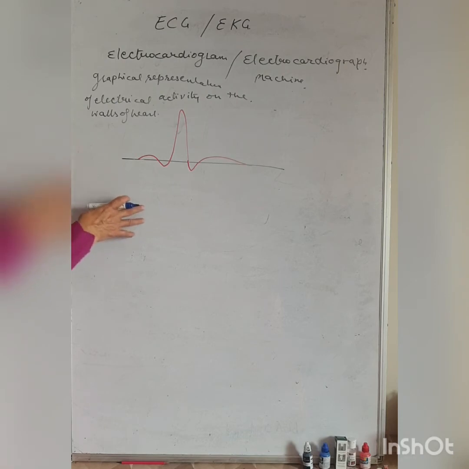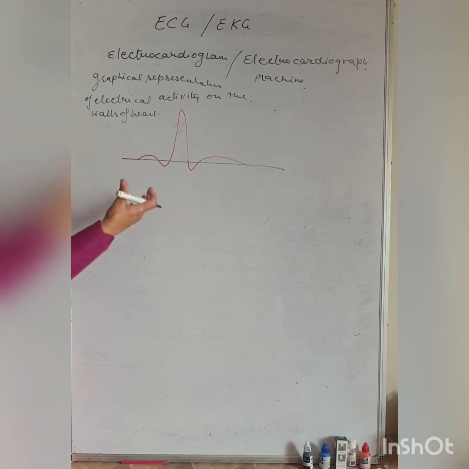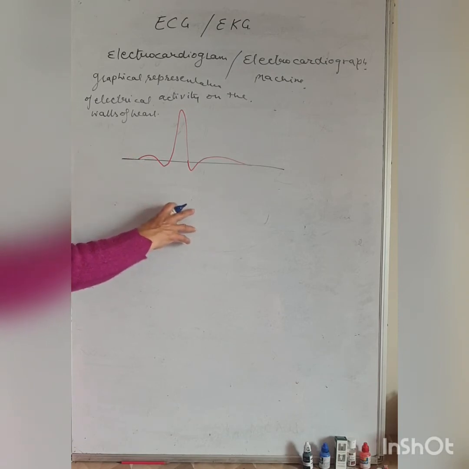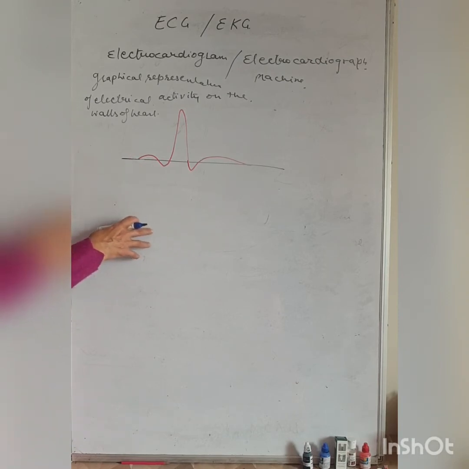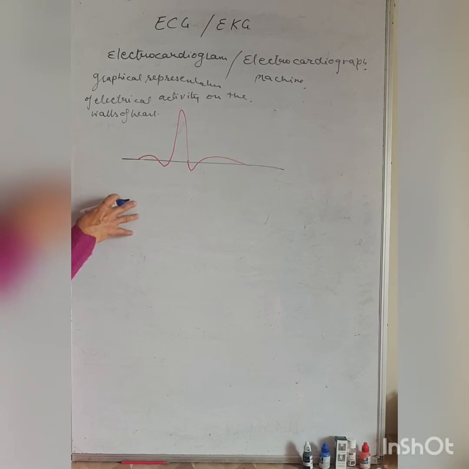The action potential is propagated through the heart, systole and diastole. The heartbeat is initiated by the SAN, so the action potential propagates through the heart. They generate current that can be detected at the surface of the body. The electrodes are placed at different parts of the body.